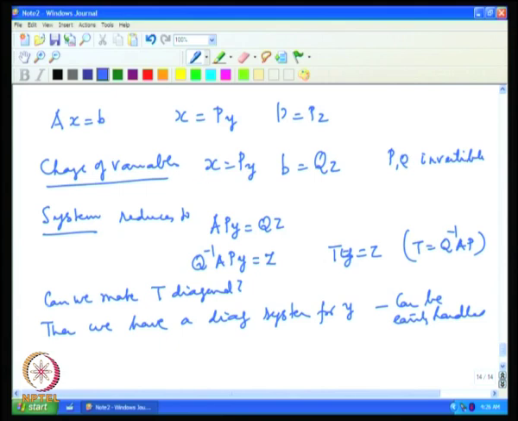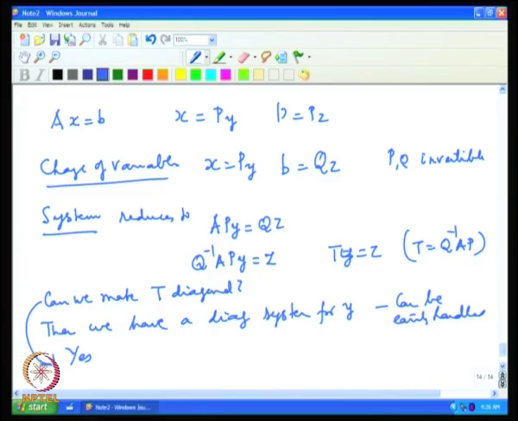Now, the answer to this question, can we make T diagonal, is yes. Given any matrix, of course, under reasonable conditions on A, which we will put in the right framework, but generally we can say the answer is yes.